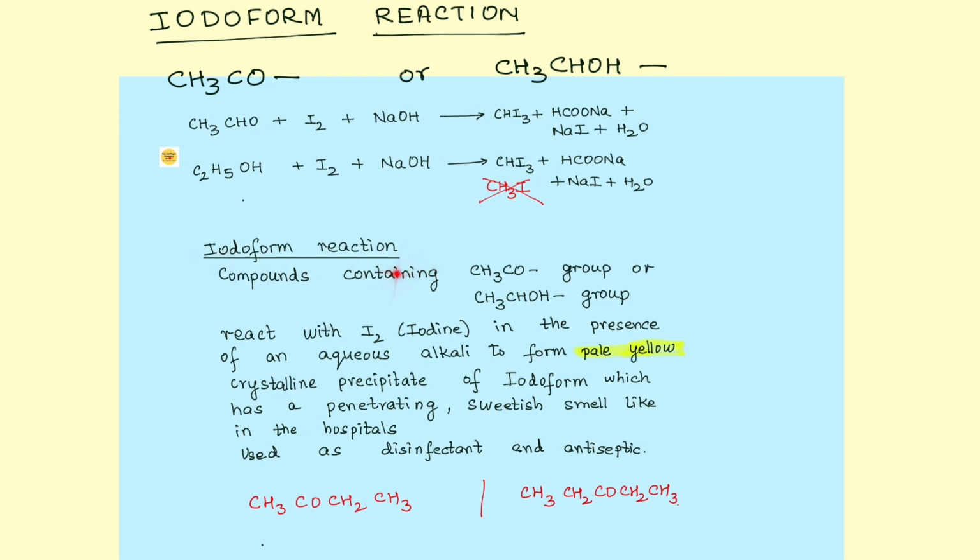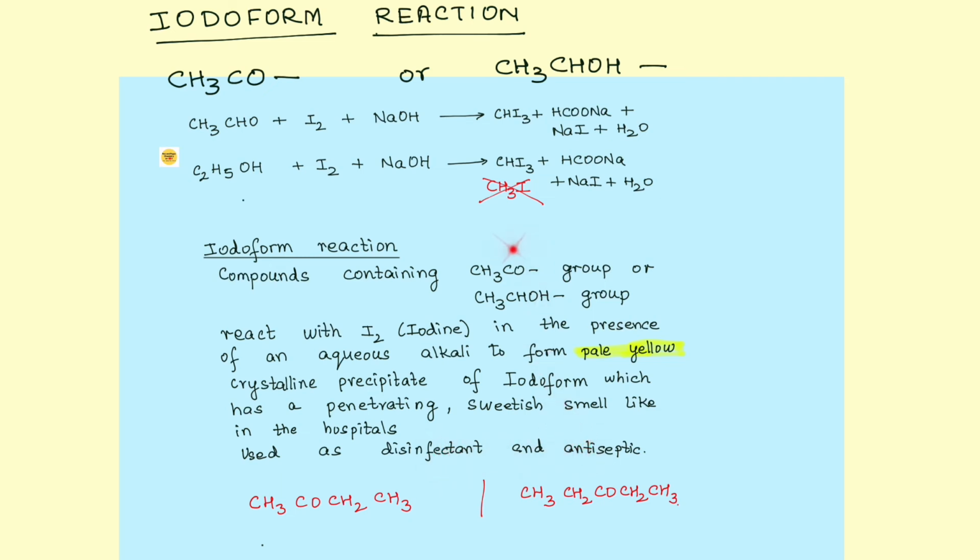Just to give you in short, any compound containing CH3CO group or CH3CHOH group which can be oxidized in the presence of an alkali will give us a pale yellow crystalline precipitate of iodoform, which has a penetrating sweetish smell like the smell we feel in hospitals, because it's used as a disinfectant and antiseptic as well.